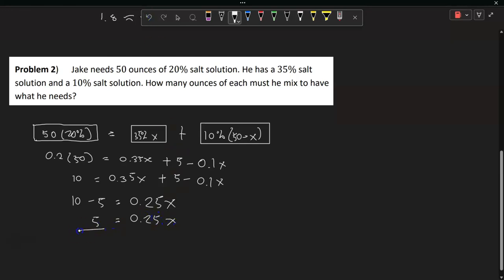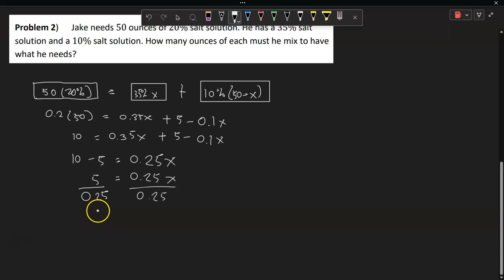So 5 equals 0.25X. Then divide everything by 0.25. Your X value will be 5 divided by 0.25, which is 20.